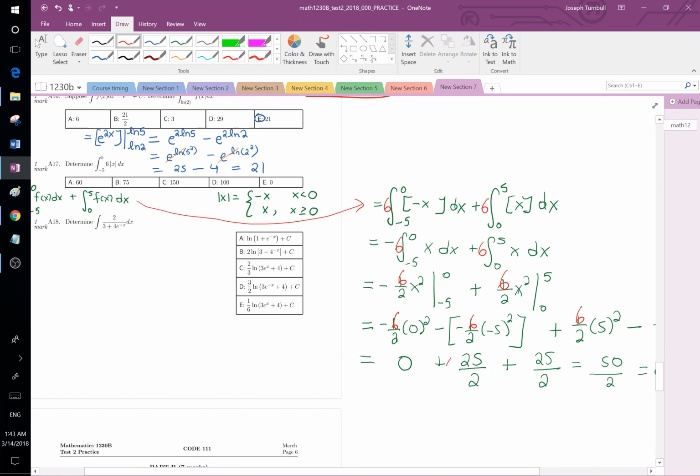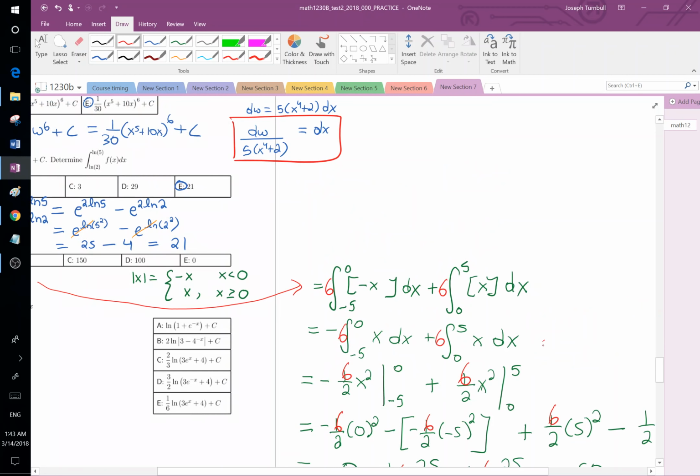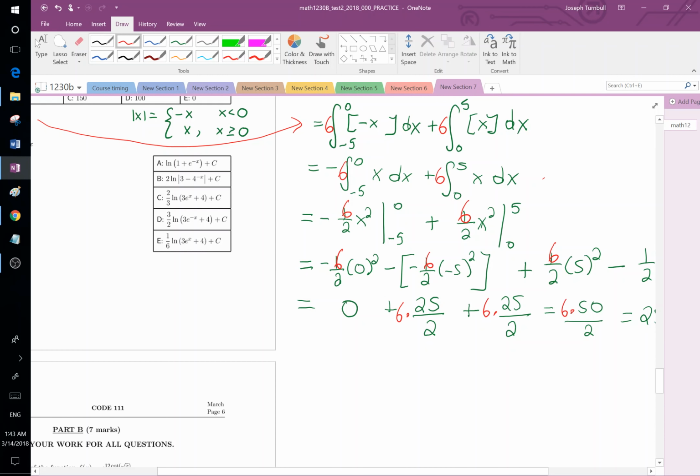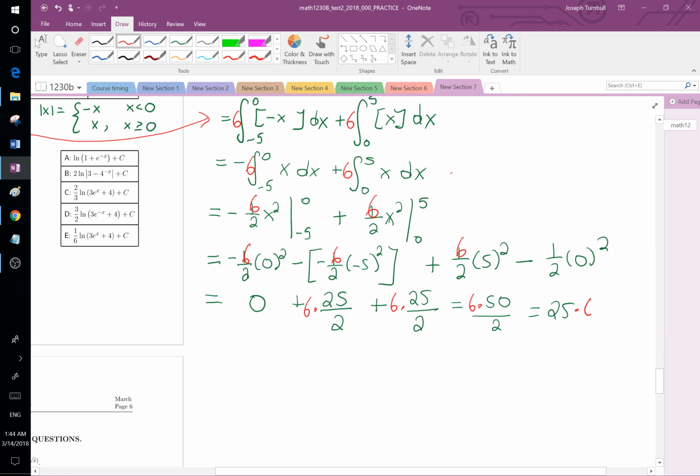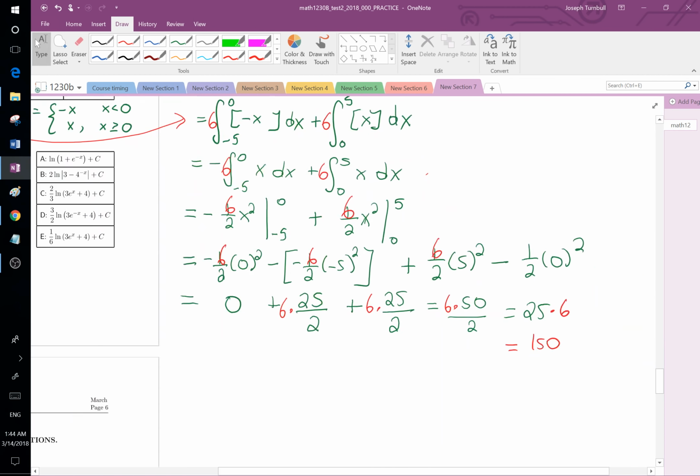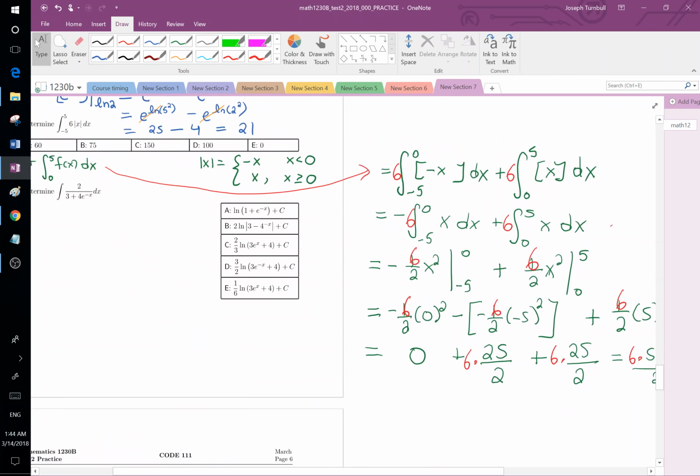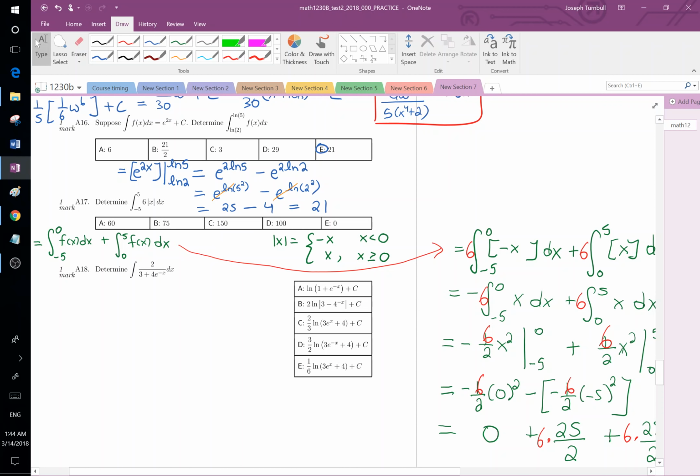So we have a 6 multiplied by this, and a 6 multiplied by that. So that's 150. That's better. That was a big time mistake. Anyway.